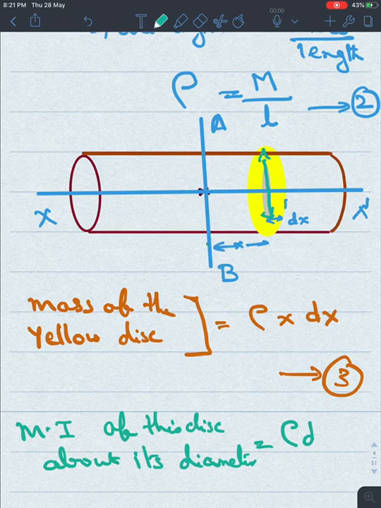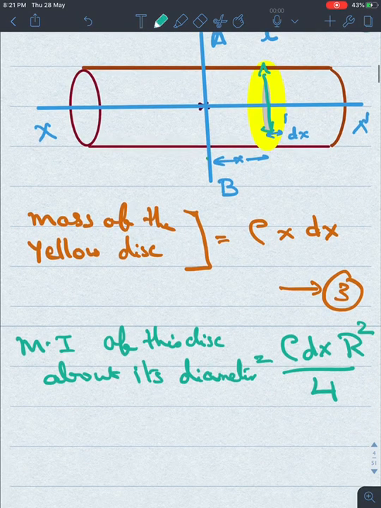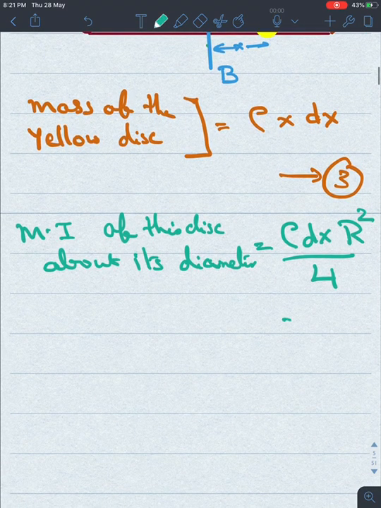So mass we have found out as rho dx times radius square, r square, divided by 4. This will be equation number 4.